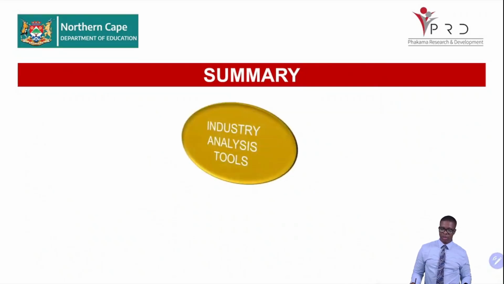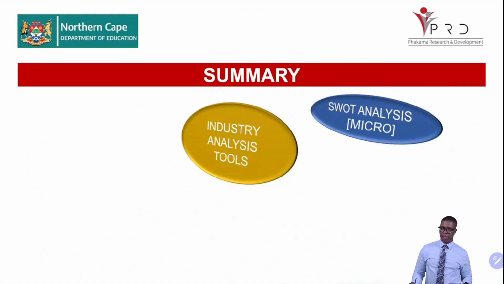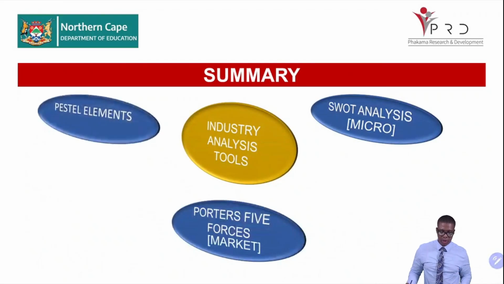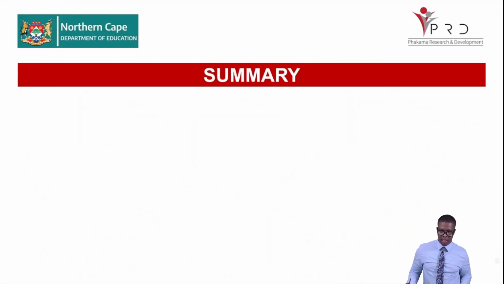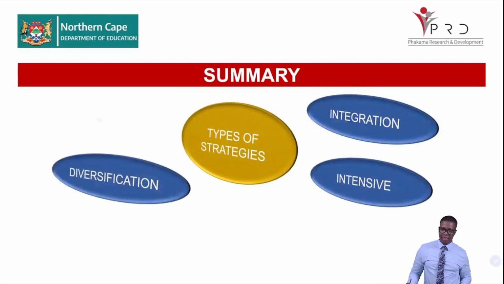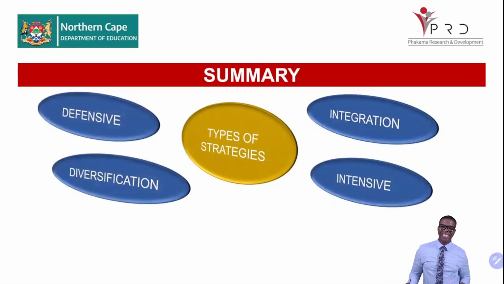Then we further looked into the specific business industry analysis tools, your SWOT analysis together with the Porter's 5 forces and your PESTLE elements. And then we looked into the types of strategies, where I said remember them by using the name DD, because you have defensive, integration, diversification and intensive to help you remember those.